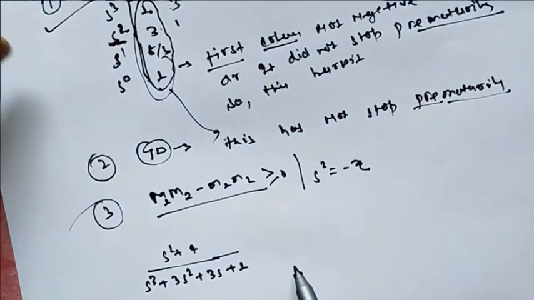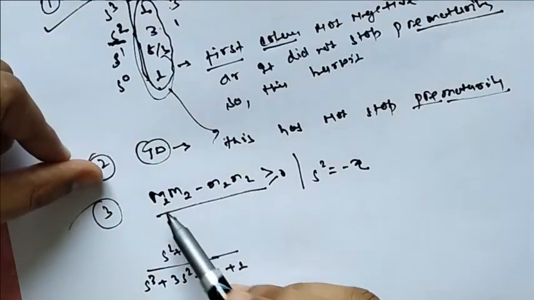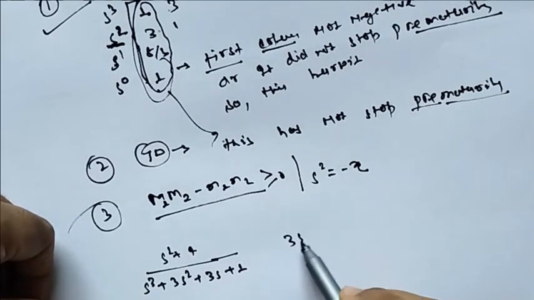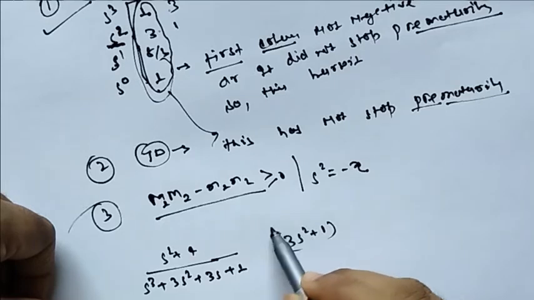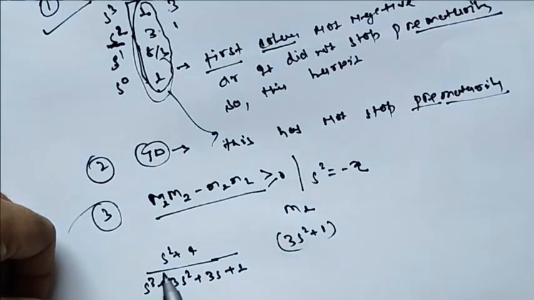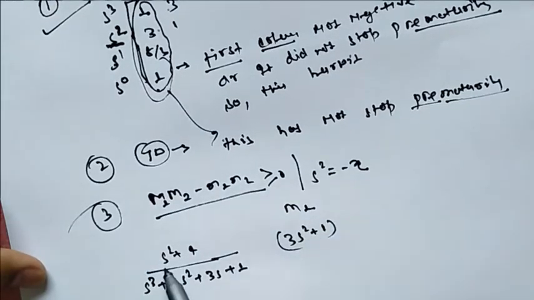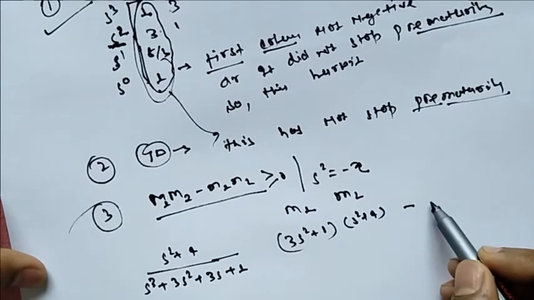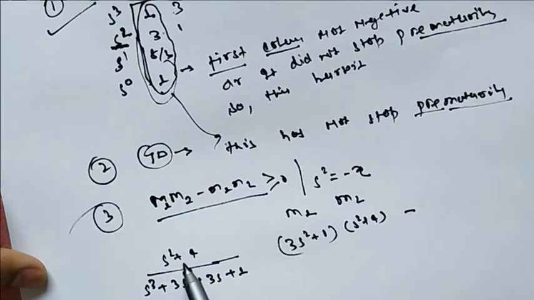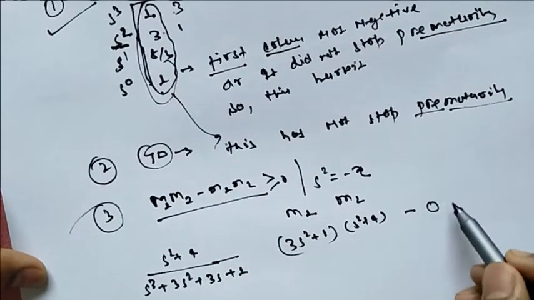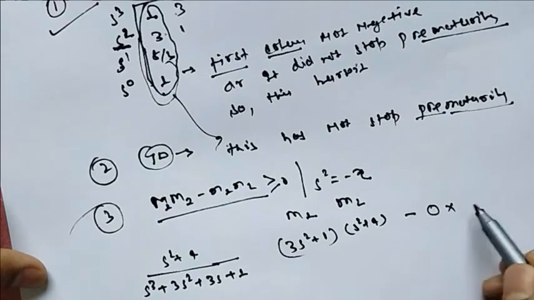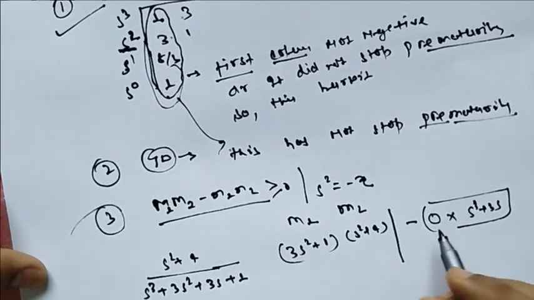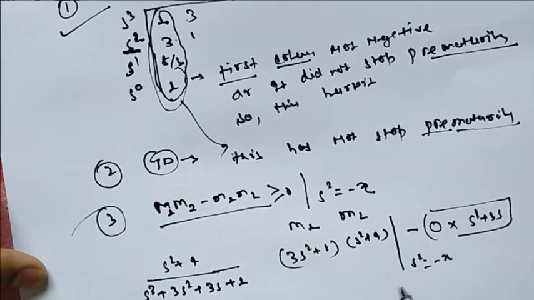Here m1 is the even part, 3s square plus 1. And m2 is s square plus 4, and minus n1 into n2. There is no odd part in the numerator, so n1 is 0, multiplied by the odd part s cube plus 3s. This is 0. Now we need to check this value for s square equal to minus x.